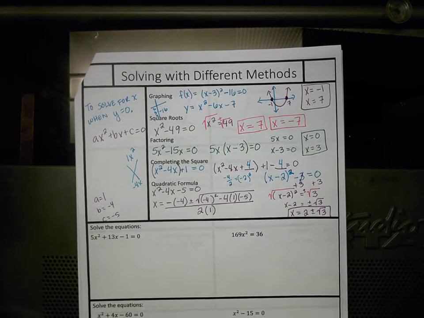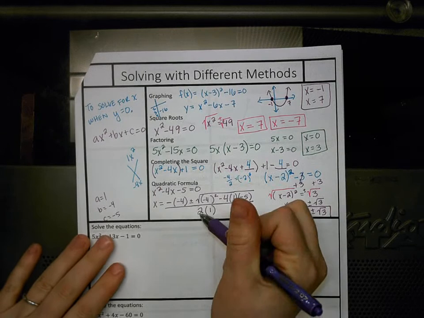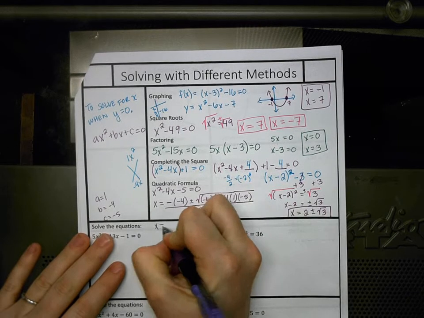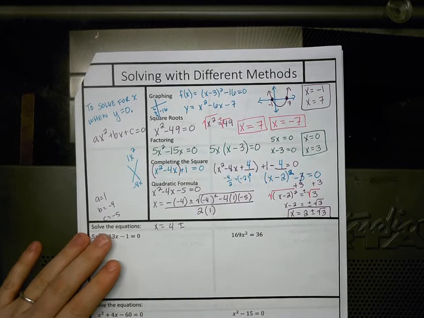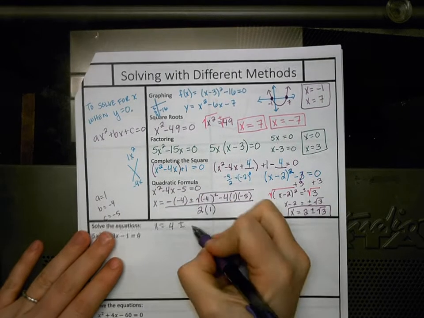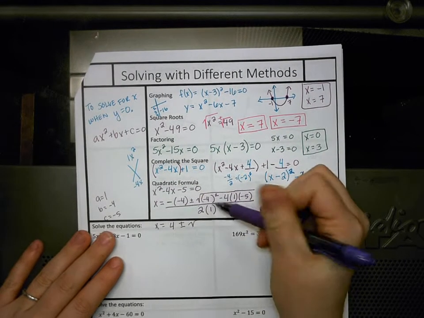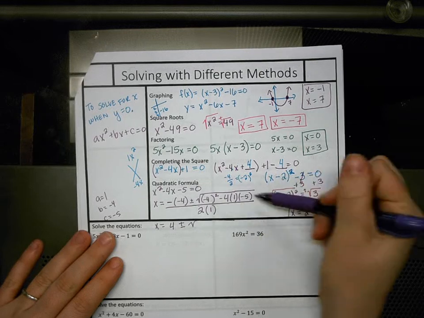So that looks like a mess, but I'm going to be able to simplify that as we go, and it's going to simplify to positive 4 plus or minus the square root of, well, let's see, we're going to simplify this whole thing.